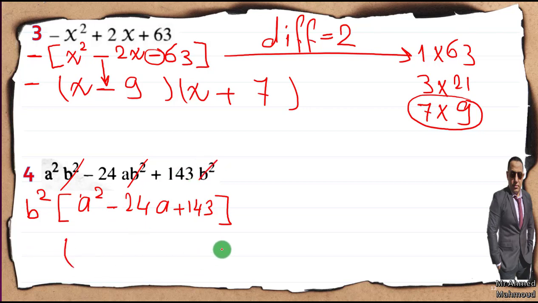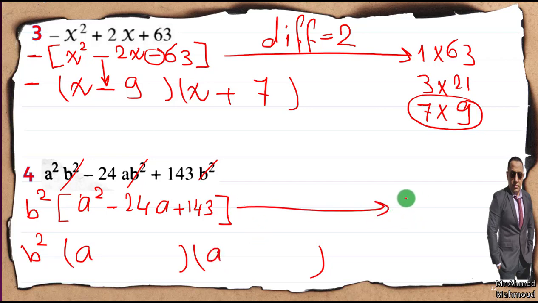Now I'm going to open two brackets, a^2 will be a times a. 143 divided by 1 equals 143, divided by 2, 3, 4, 5 until 11 equals a whole number. 143 divided by 11 equals 13.